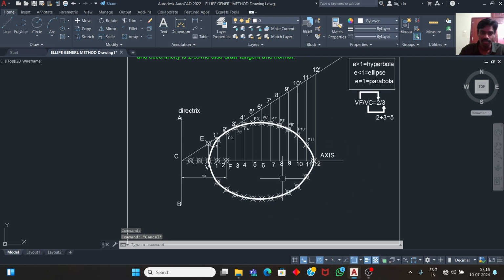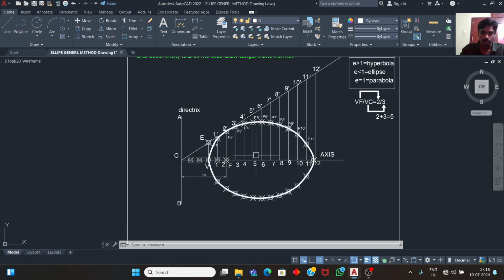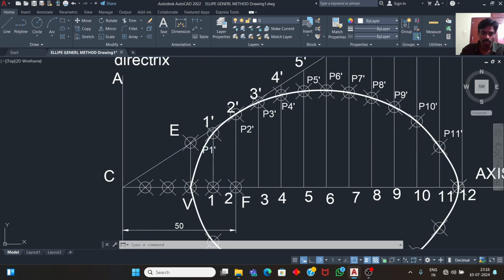So this is the ellipse. Give the naming below the axis line also, for better impression.